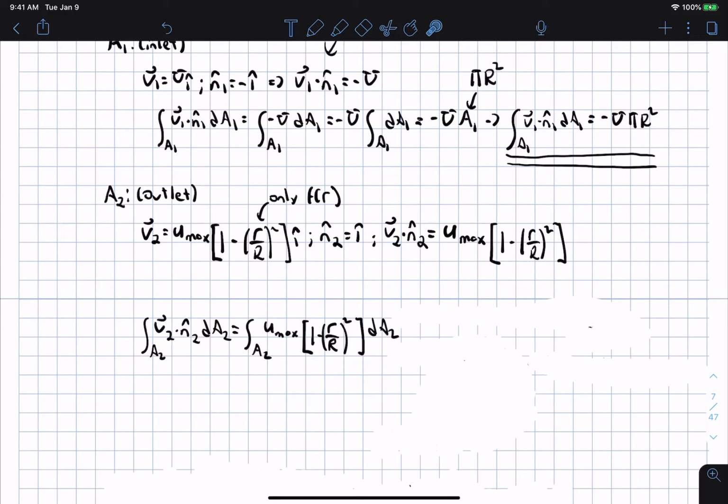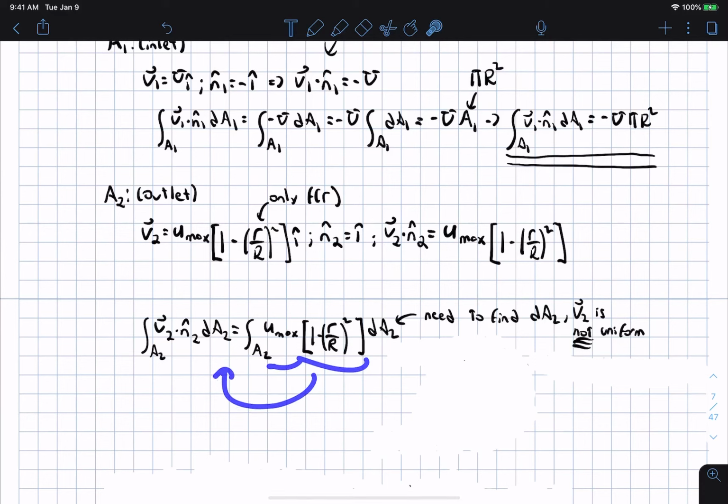Unfortunately, this is a function of r, so we need to actually do this integral. To do this integral, we first need to define what dA2 is, because this velocity is not spatially uniform. It is non-uniform. We cannot pull that outside of the integral.